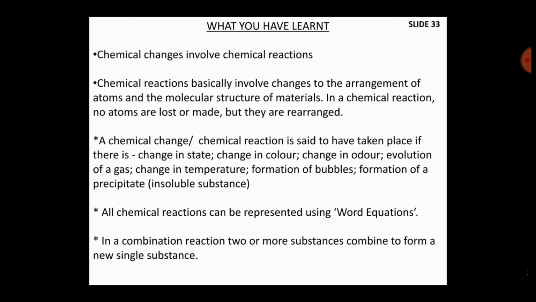A chemical change or a chemical reaction is said to have taken place if there is change in state, change in color, change in odor, evolution of a gas, change in temperature, formation of bubbles, formation of a precipitate. All chemical reactions can be represented using word equations. In a combination reaction, two or more substances combine to form a new single substance.